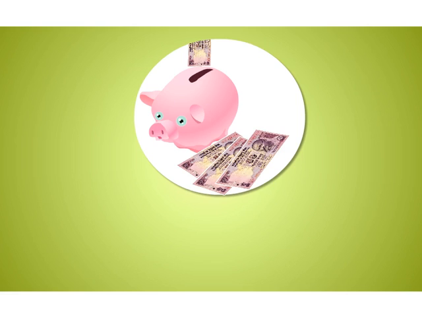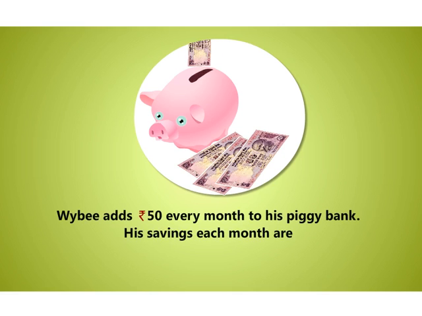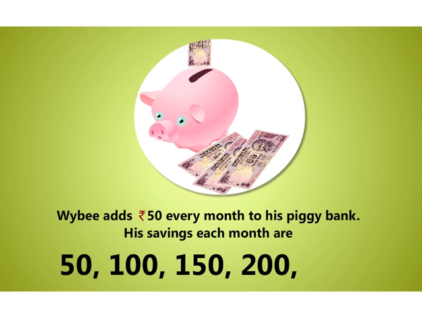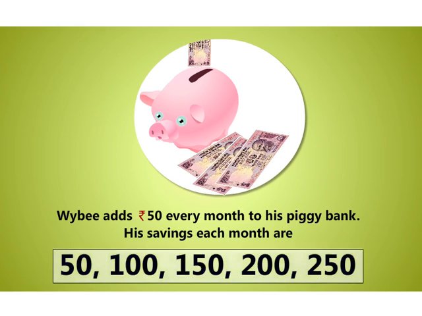Now, let us take a closer look at arithmetic progressions formed in the examples given below. YB adds Rs 50 every month to his piggy bank. His savings each month are 50, 100, 150, 200, 250.